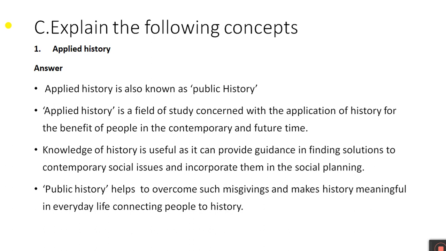Knowledge of history is useful as it can provide guidance in finding solutions to contemporary social issues and incorporate them in the social planning. Public history helps to overcome such misgivings and makes history meaningful in everyday life, connecting people to history.